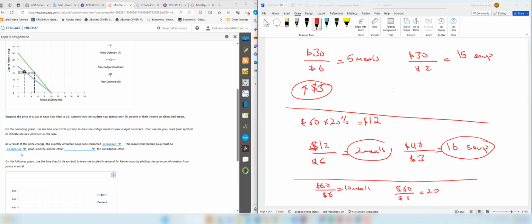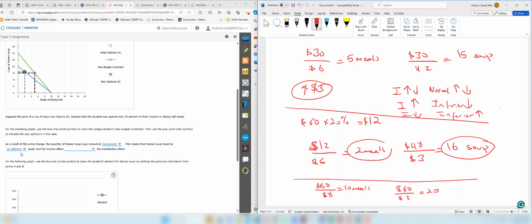Just remember that if your income increases, you buy more of the normal good. And the reverse is true too. When your income decreases, you buy less of the normal good. For inferior goods, when your income increases, you buy less of the inferior good. When your income decreases, you buy more of the inferior good.